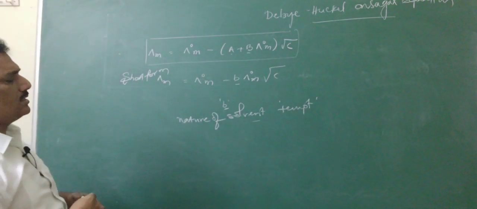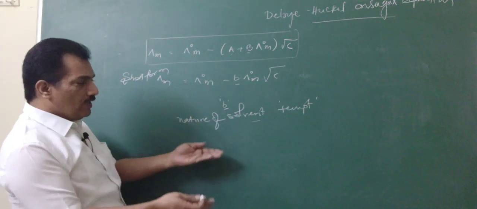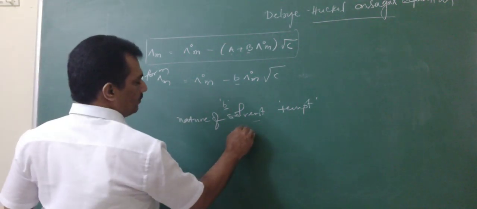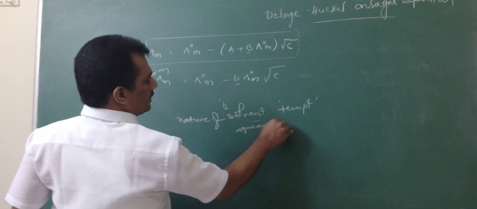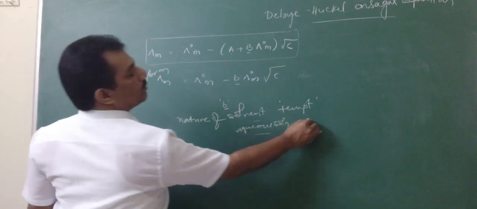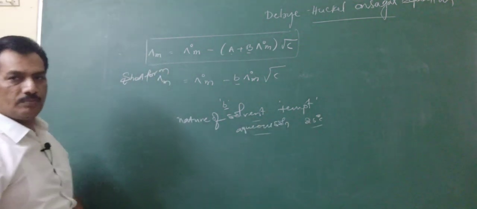And for your convenience, let me give the b value in case of the frequently used solvent. What the frequently used solvent is nothing but water, that is in case of aqueous solutions. And the temperature, let us consider room temperature, that is 25 degrees, that is 298 Kelvin. Clear?